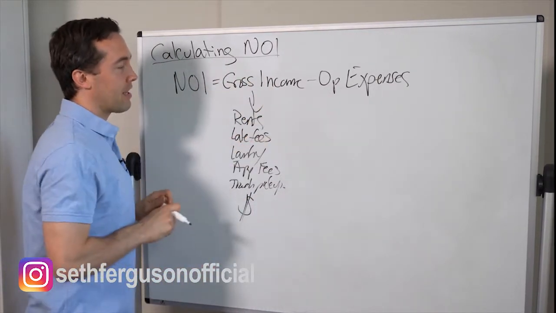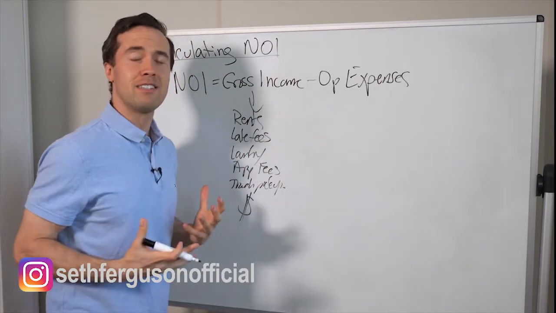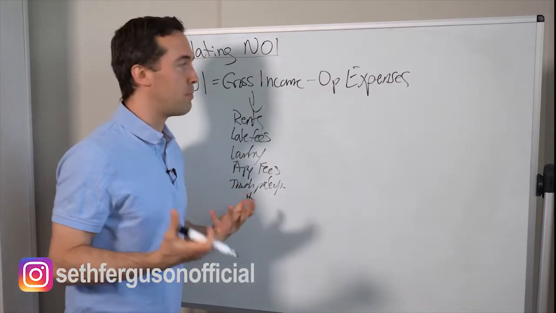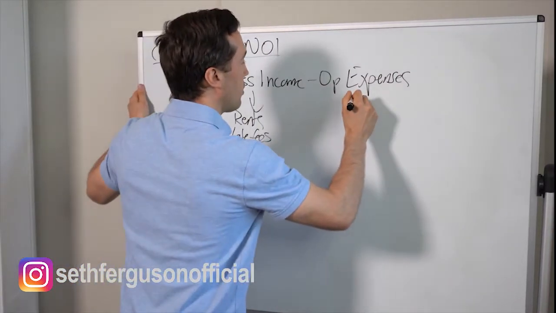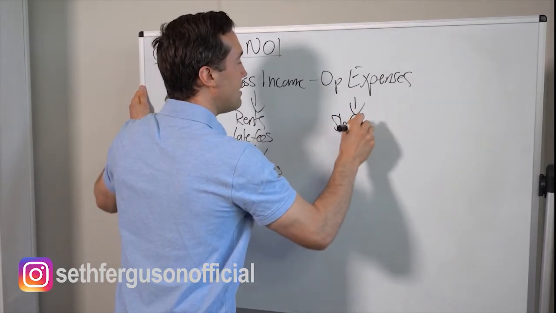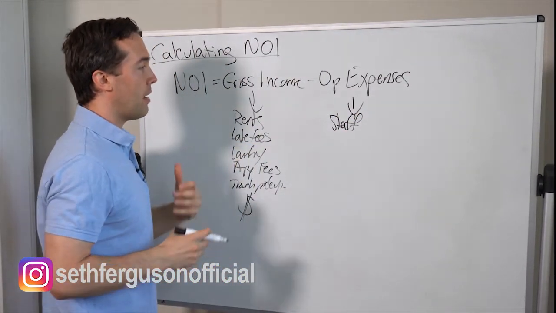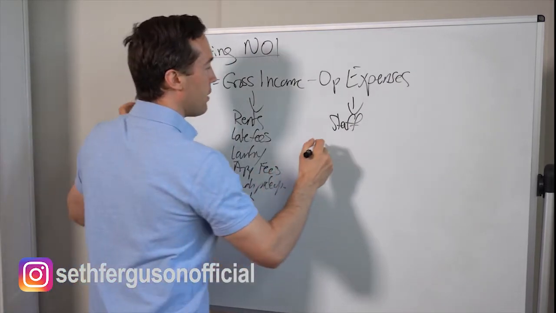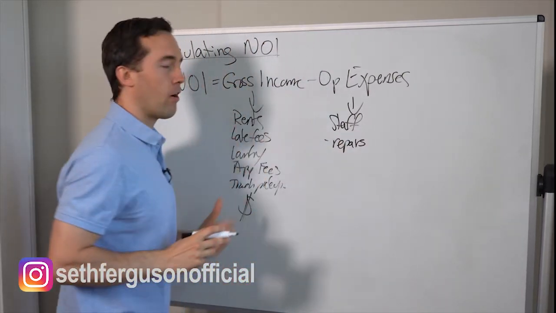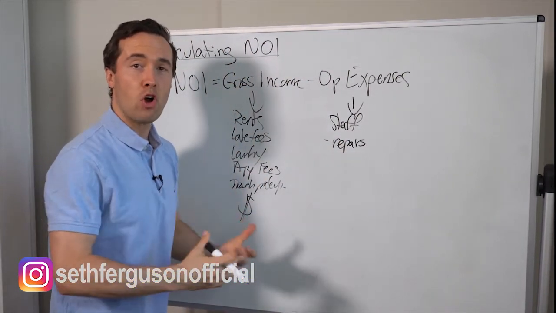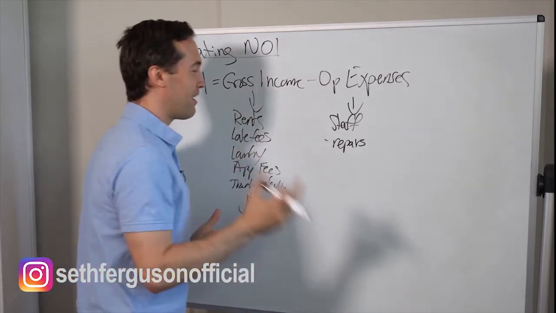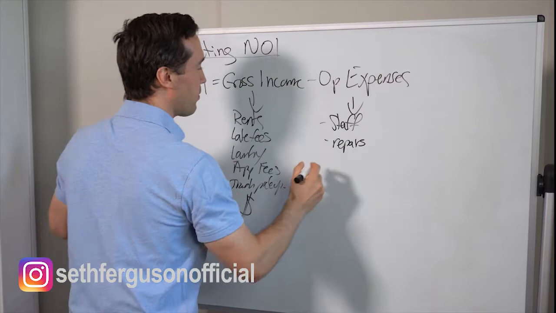And then we have operating expenses. Operating expenses are expenses that the property incurs over the course of normal business. What are some operating expenses? Well, you have staff costs, so if you have an on-site leasing agent, on-site maintenance staff, that sort of thing. Then we have repairs. So if we have to repair an appliance, if we have to repair the parking lot, maybe we have potholes, maybe we have to repair the roof, that sort of thing.